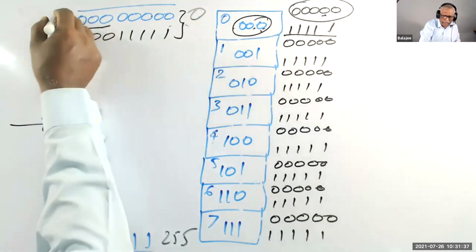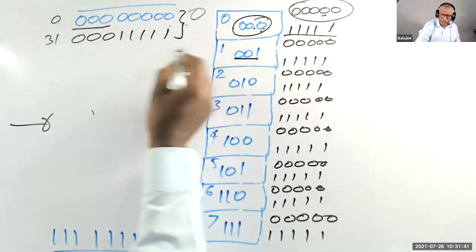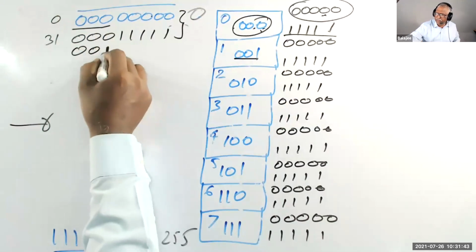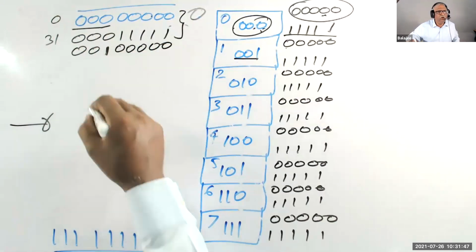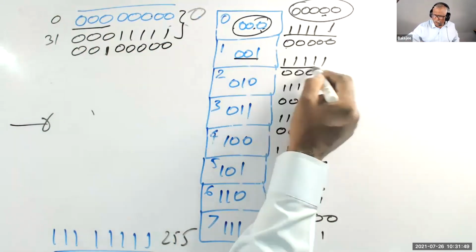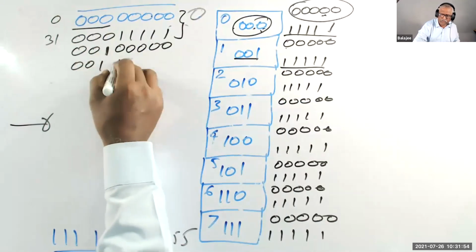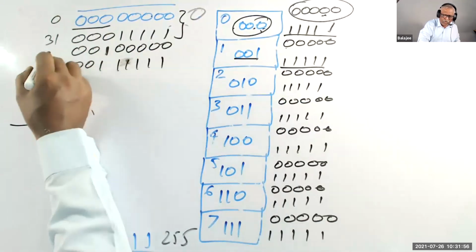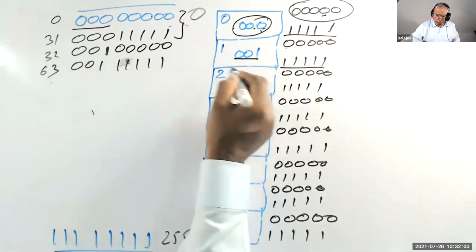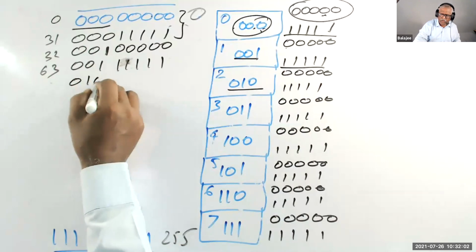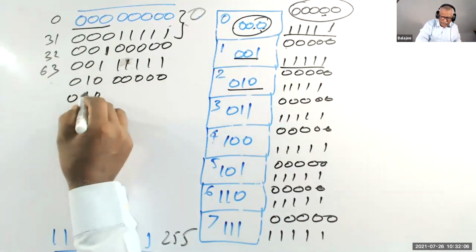So this is 0 and this is 31. The next one is 0 0 1 with 0 0 0 0 0 at the start, and the end is 1 1 1 1 1. That is 32 to 63. Then this one is 0 1 0, start is 0 0 0 0 0, and the end I don't change. You see this?